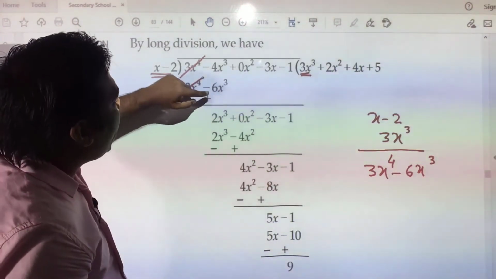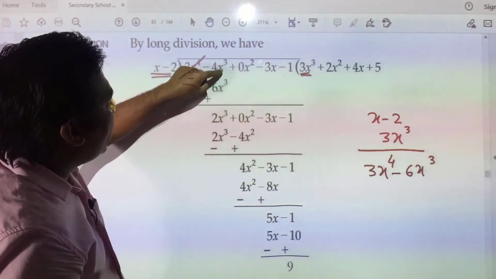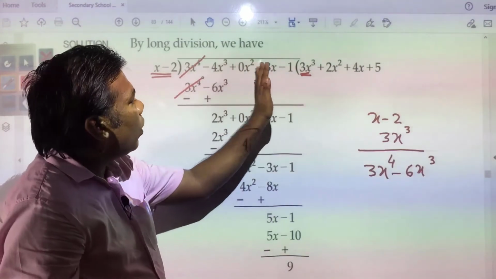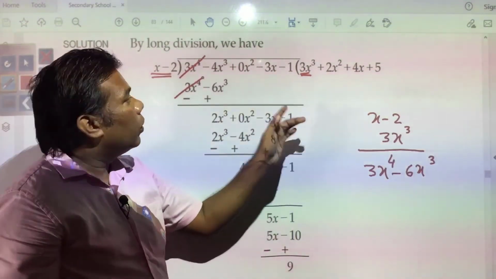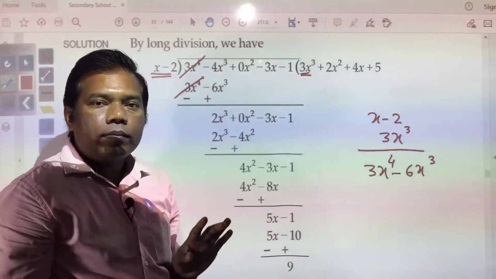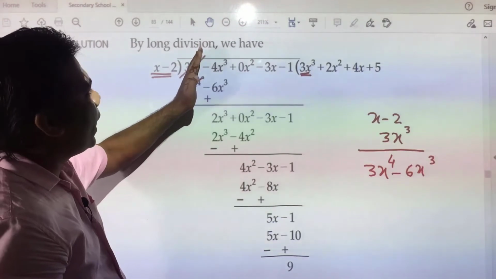If you are subtracting this, what will you get? 6 minus 4, you will get 2, and x cube will be written down. So 2x cube you have got. Next, the next term will be taken down, so you have 0x square minus 3x minus 1. So the first term has been eliminated, has been cancelled.